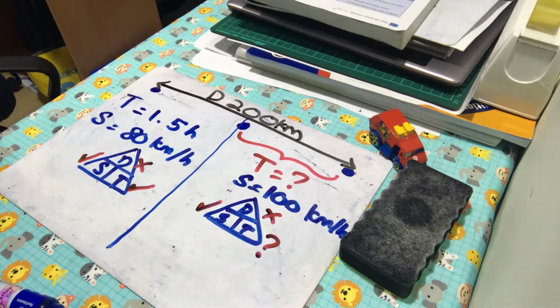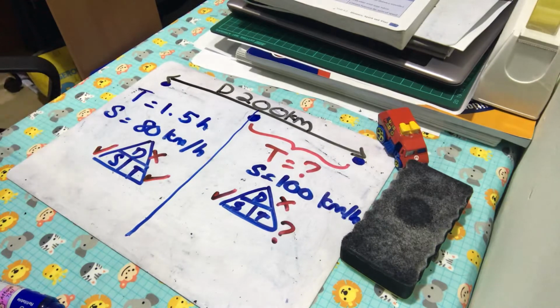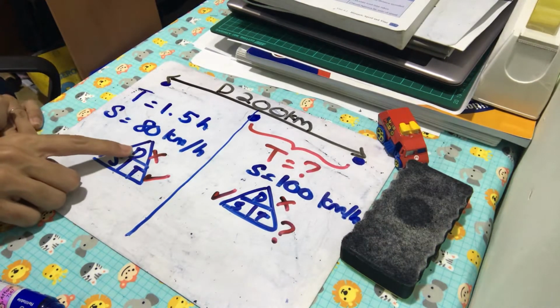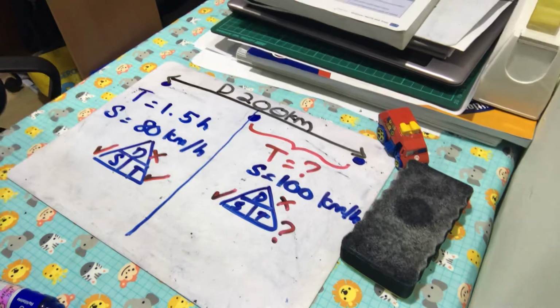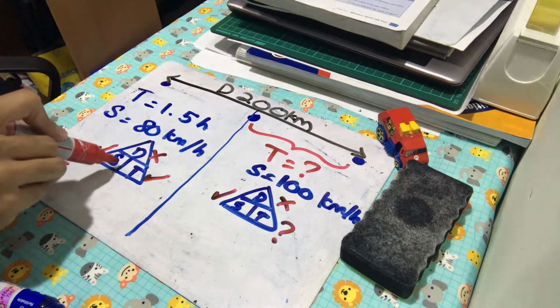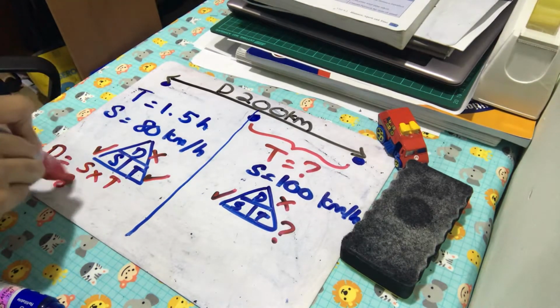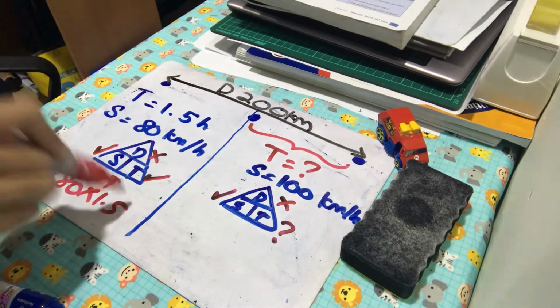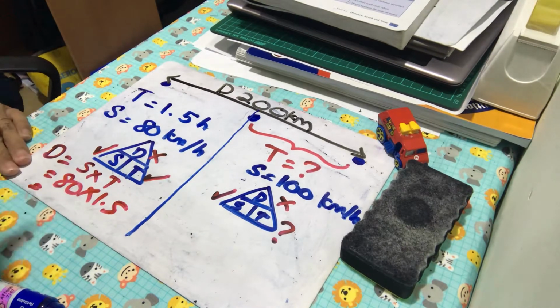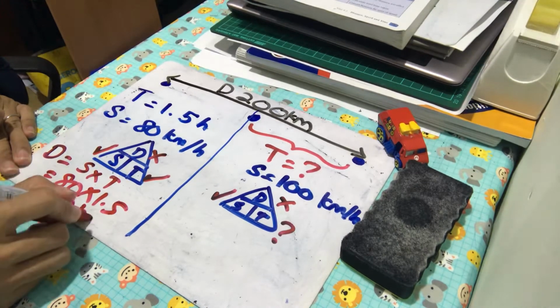Obviously, what you can do first is solve the first part. Since distance is unknown here, you can find the distance, where distance is equal to speed times time, where the speed is 80 and the time is 1.5. In the end, you get the answer of 120 kilometer.